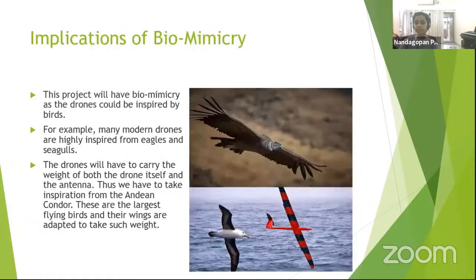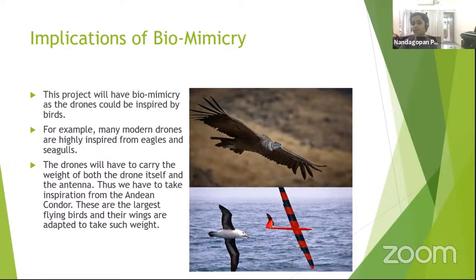So, implications of biomimicry. At the beginning of Bibox innovation classes, we had learned about biomimicry. So, biomimicry will be applied in making these drones. Many modern drones are inspired from eagles and seagulls.